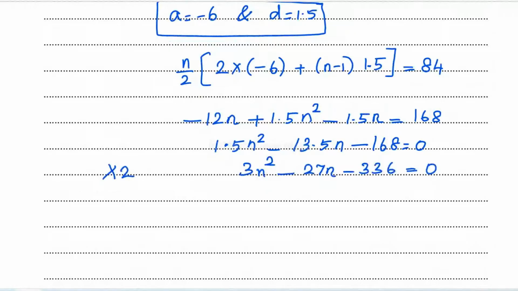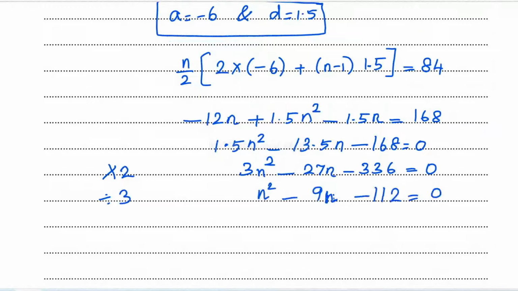And we can divide this by 3 also. On both the sides, divide by 3, so you will get n square minus 9n minus 112 equal to 0.